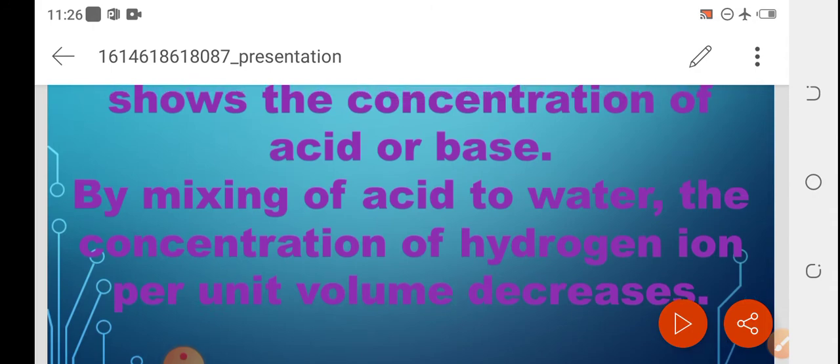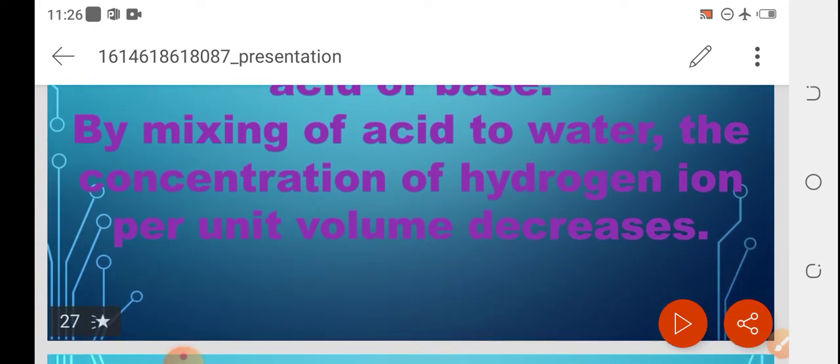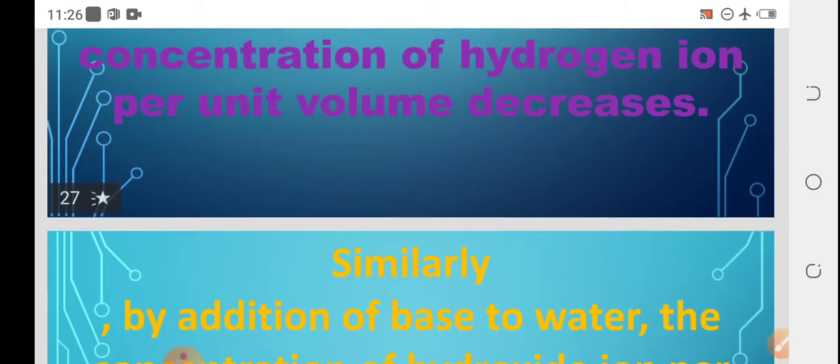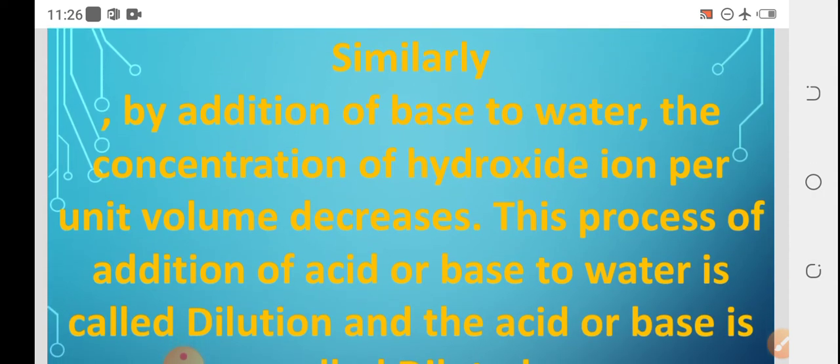Remember, by mixing acid into water, the concentration of hydrogen ions per unit volume decreases. Similarly, by addition of base to water, the concentration of hydroxide ions per unit volume decreases.